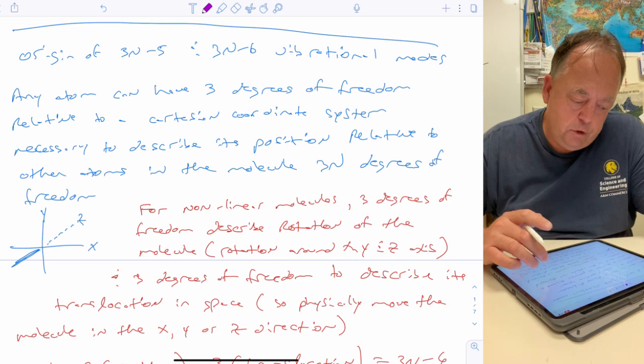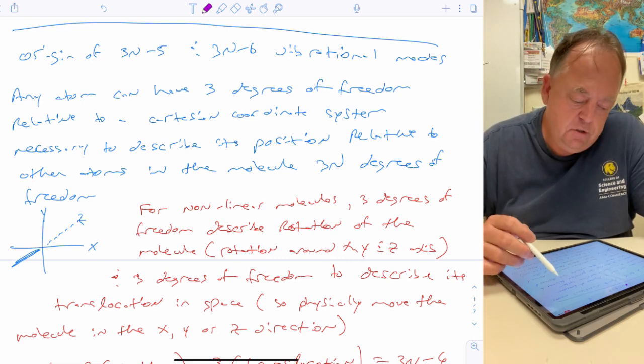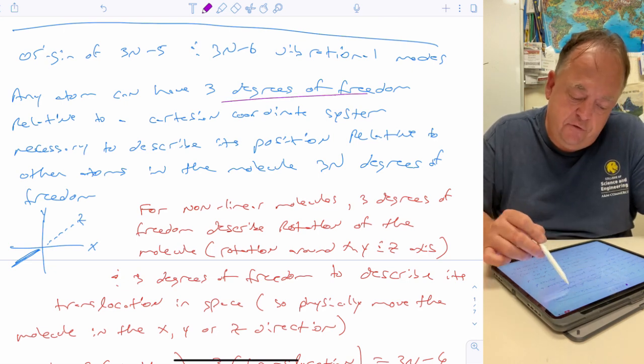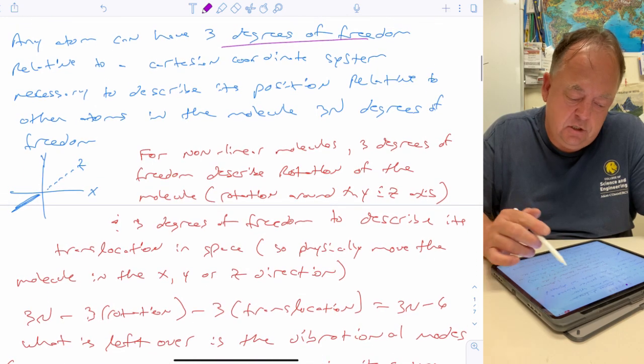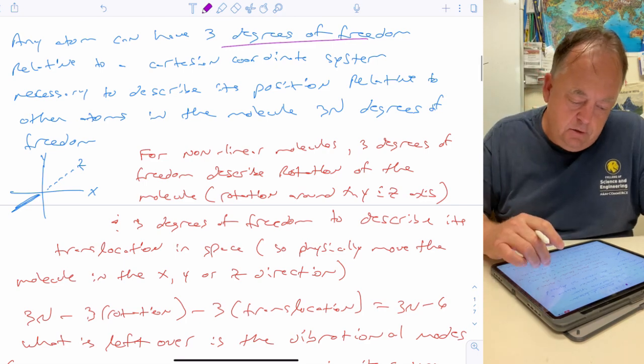Okay, so what's the origin of these 3N-5 and 3N-6 vibrational modes? Any atom can have three degrees of freedom relative to a Cartesian coordinate system necessary to describe its position relative to other atoms in the molecule.